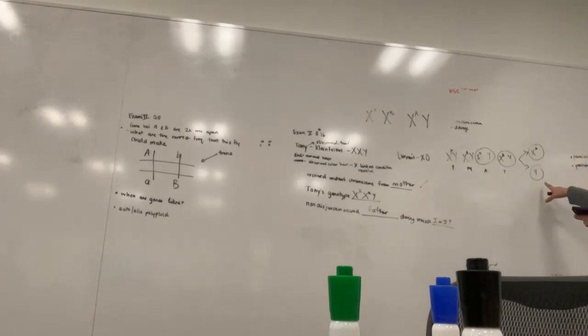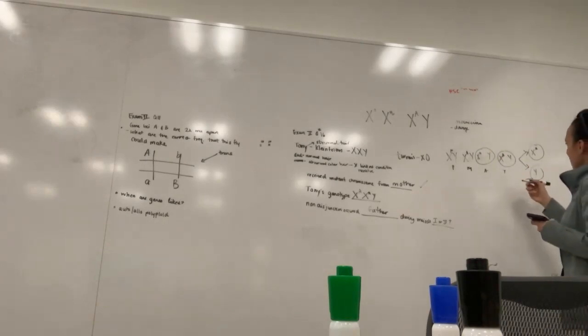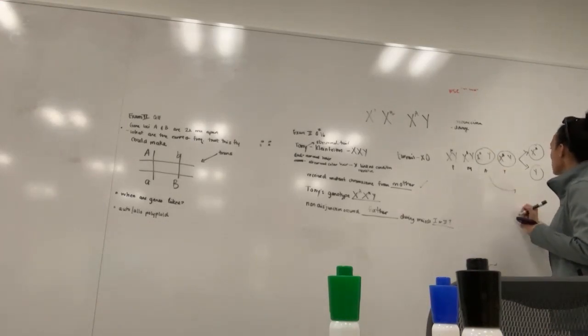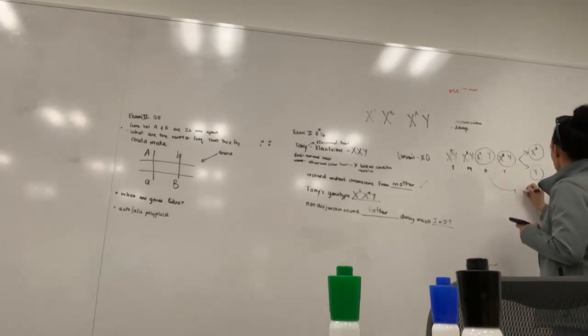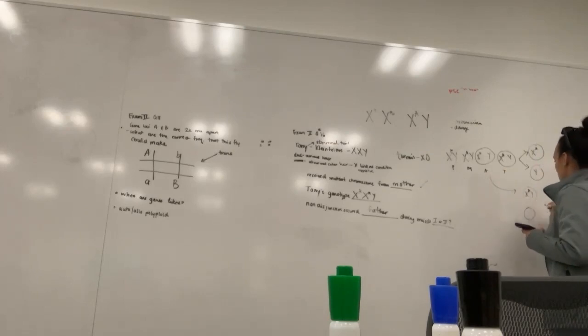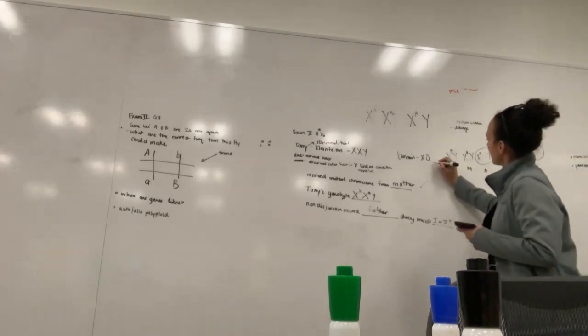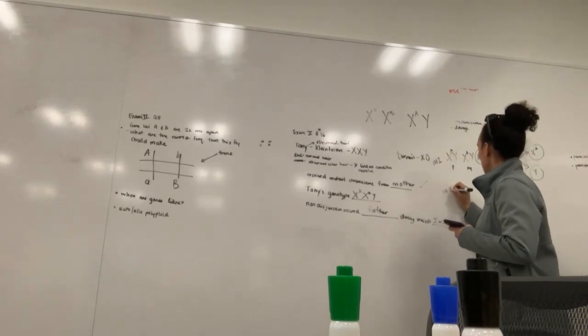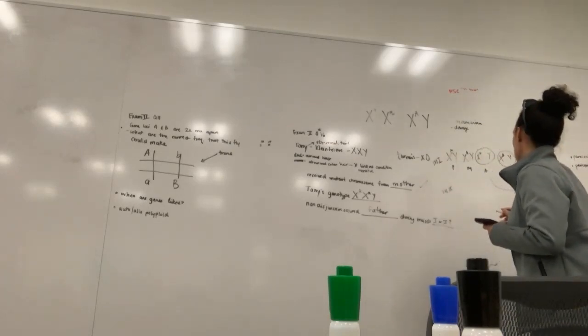That's what it should look like. But if non-disjunction occurs, then we will have X A, Y, or nothing. So this is meiosis one, then meiosis two.